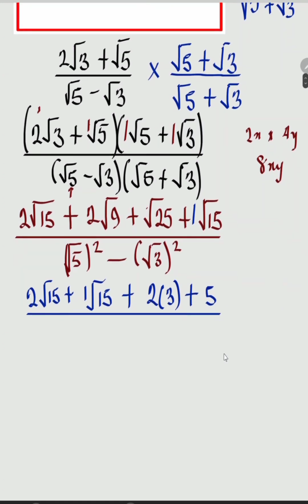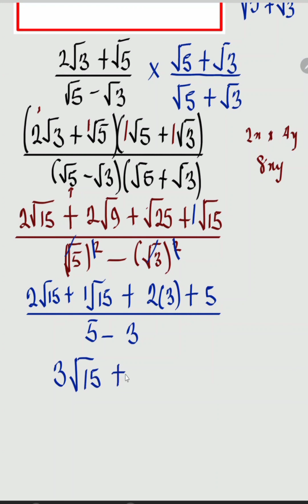and let's see how this one goes. So it means this square root can be cancelled out by this power 2. Okay, so we have ordinary 5 left, minus, likewise this can be cancelled out, 3. Okay, now 2 root 15, I mean the numerator now, 2 root 15 plus 1 root 15, that gives us 3 root 15.